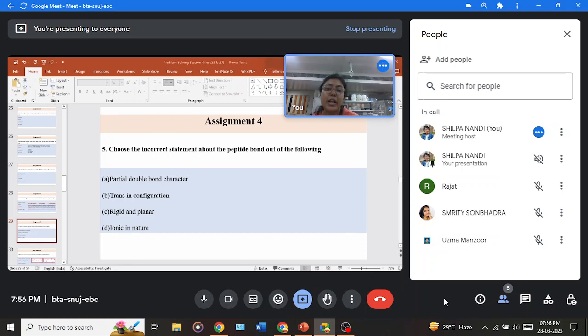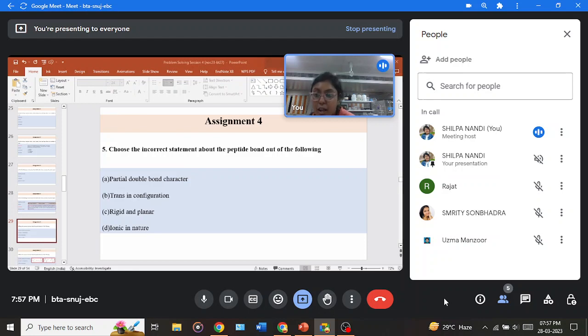So a peptide bond is basically a bond between two amino acids, between the carboxyl end of one amino acid and the amine group of the other amino acid. A peptide bond is basically a CONH group.